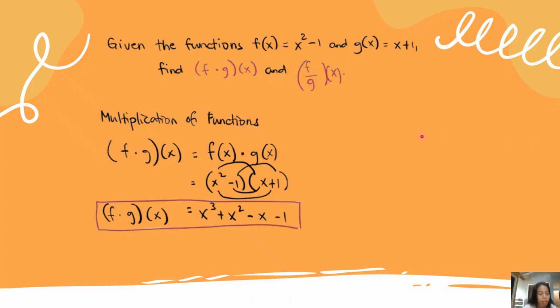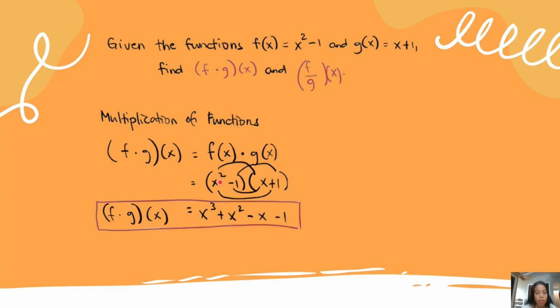Next, we are going to cover the final two operations in the algebra of functions, the multiplication and division. We will use two functions for our example. Given the function f of x is equal to x squared minus 1 and g of x is equal to x plus 1, find f times g of x and f over g of x. First, we find the product of the functions. The product is defined as f times g of x is equal to f of x times g of x.